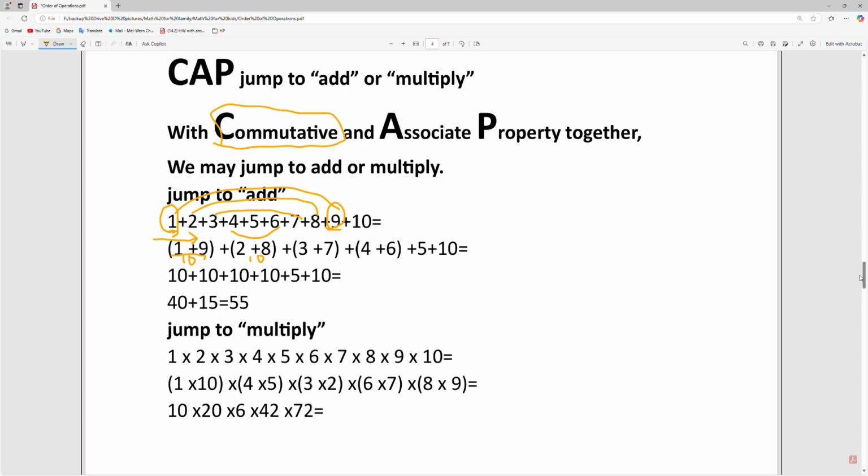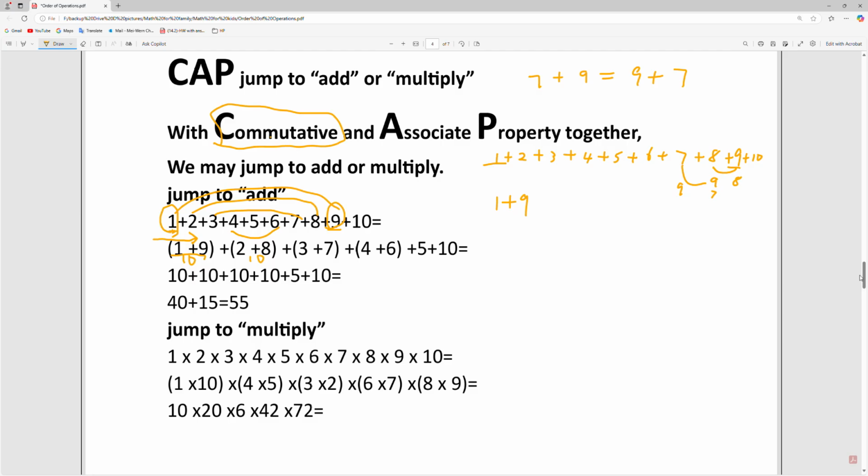So let me show you. If you have 1 plus 2 plus 3 plus 4 plus 5 plus 6 plus 7 plus 8 plus 9 plus 10, can you use the commutative property to make it 1 plus 9 together? Yes. You can switch and then switch, right? Commutative property means you can change the order. 7 plus 9 equals 9 plus 7.